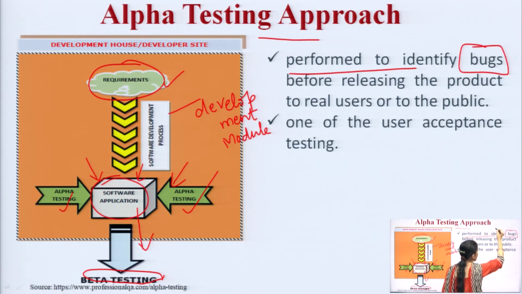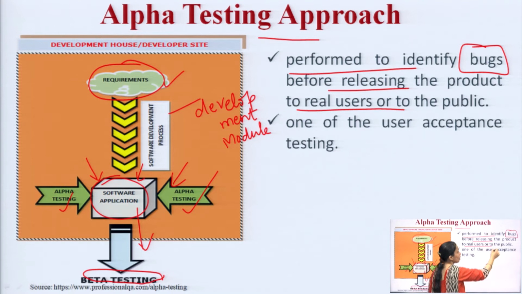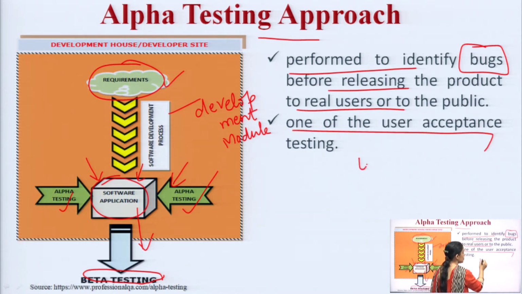The main important task of alpha testing is to identify as many bugs as possible before the release of the product, so that these bugs get corrected before they reach the real users or the public. We can say that this is one of the UAT, that is, user acceptance testing.